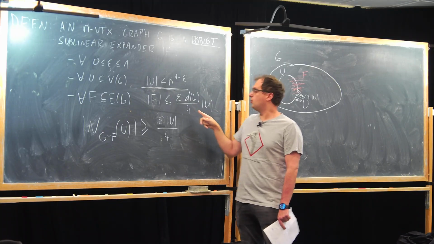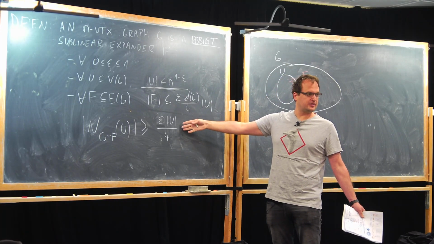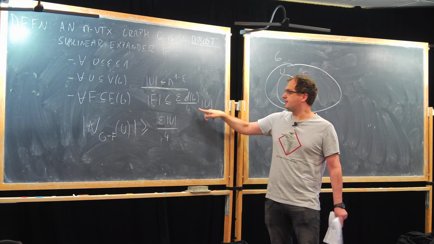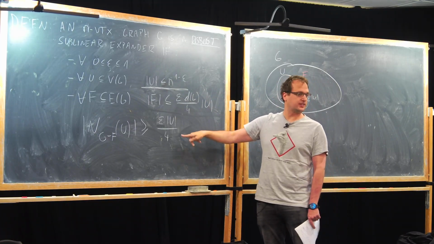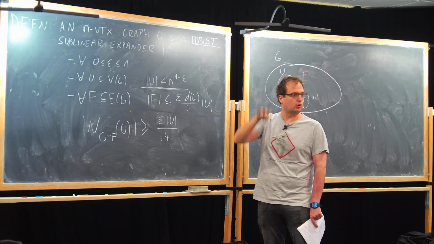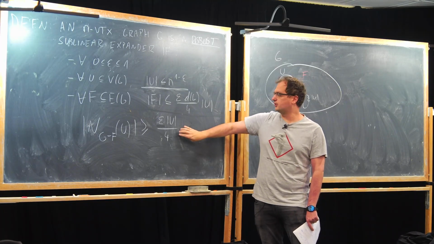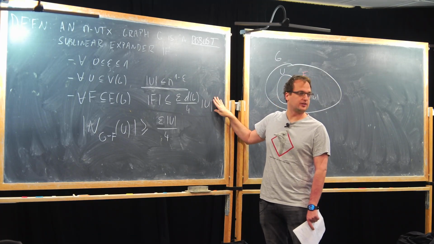So if I don't really care how many new vertices I get, just how many edges I have, if I have less than this many edges touching U, I can delete them all, and I would contradict that. I would not have any new vertex. I deleted all of its edges. So if I don't care about this, then this is just talking about edge expansion.